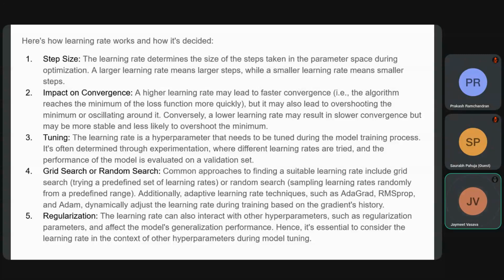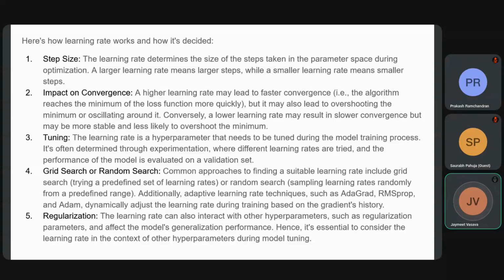Now, the common approaches to finding a suitable learning rate include a grid search, trying a predefined set of learning rates, or a random search, sampling learning rates randomly from a predefined range.